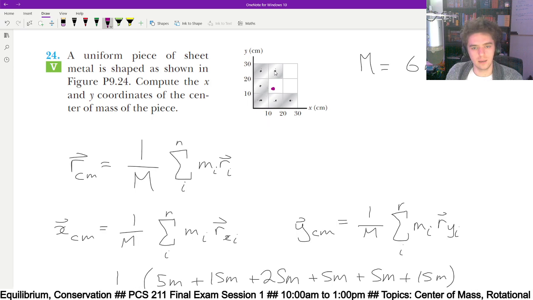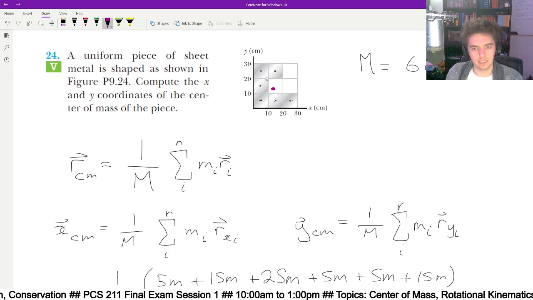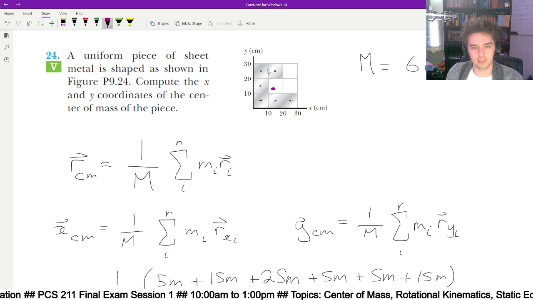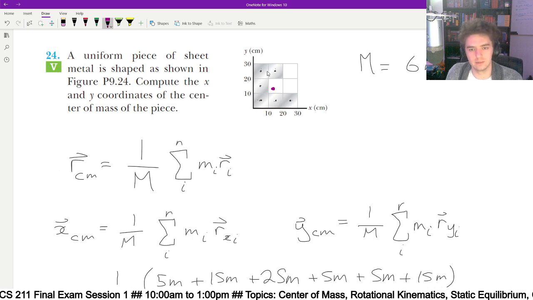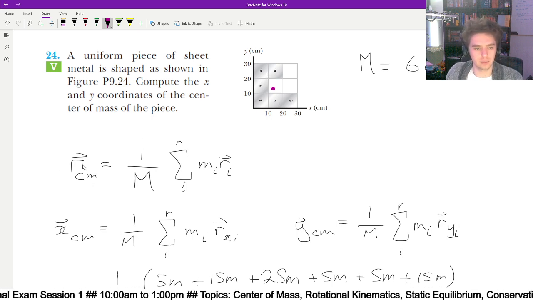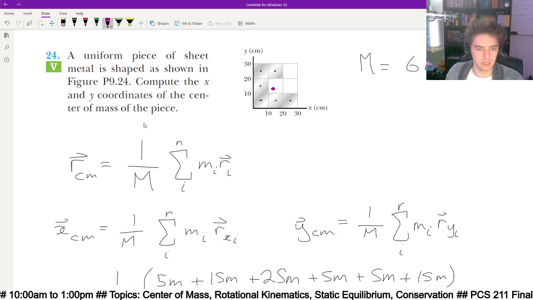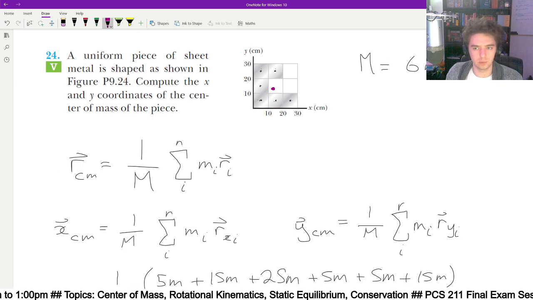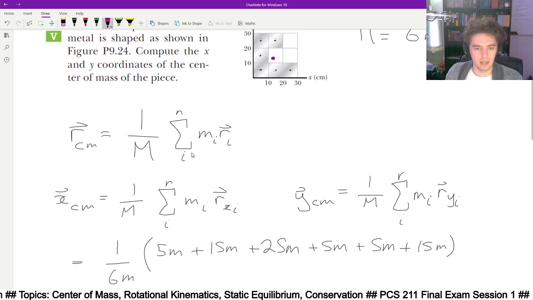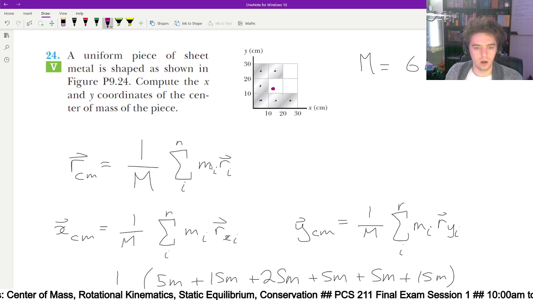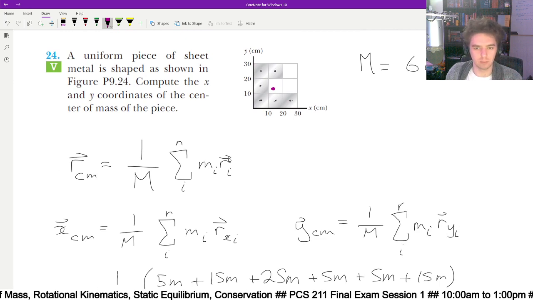So we have 6 masses here, right? We're trying to figure out what the center of mass of that whole object is. The formula for center of mass, which can be broken up into x and y, is that the position of the center of mass is 1 over the total mass, which we said was 6m, times all of the masses and positions multiplied together.